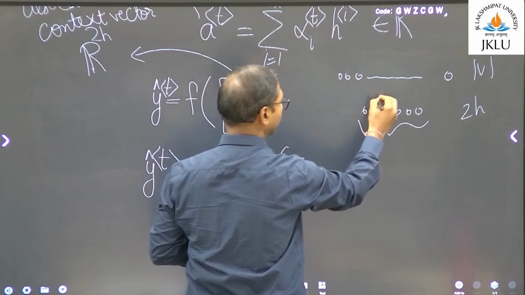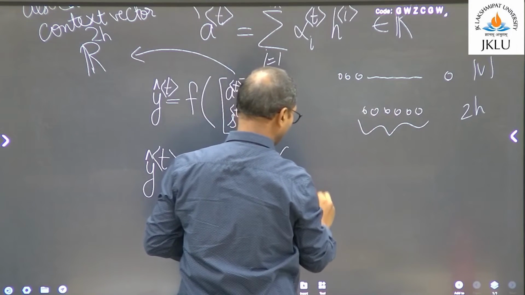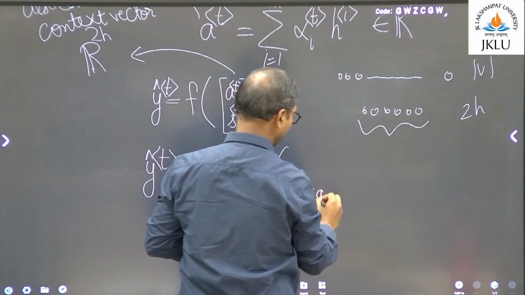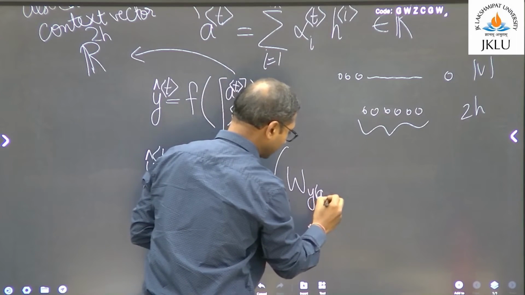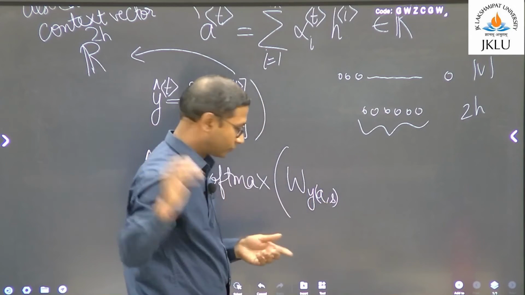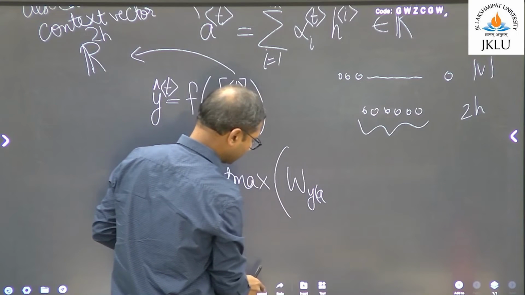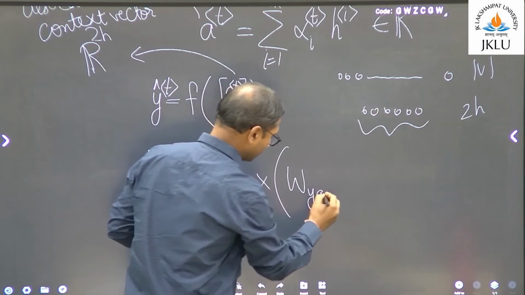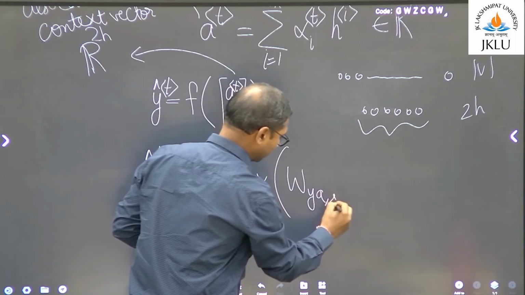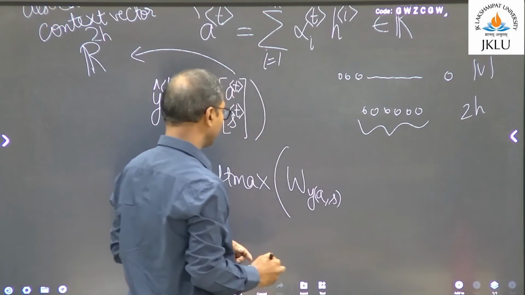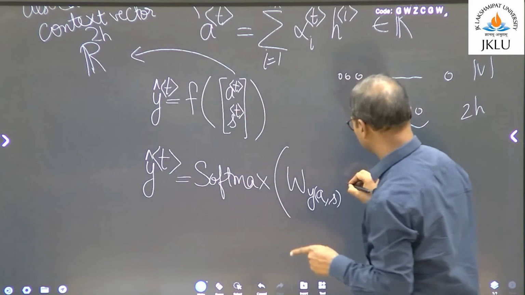So what do I call this? W y a. Now this becomes W y a comma s. So very good, thank you. So no, I'd like to put this one.